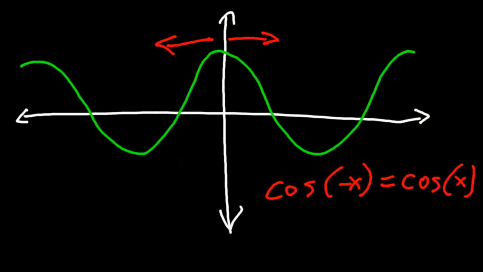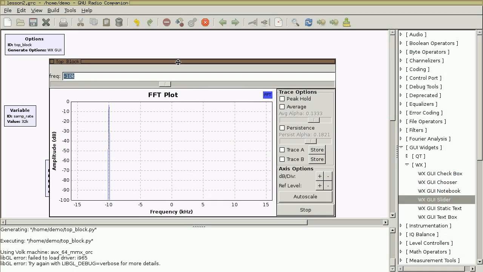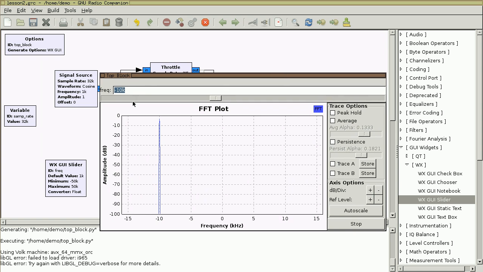Which tells me that the output of a cosine source running at 10 kilohertz should be identical to the output of a cosine source running at negative 10 kilohertz. But if we go back and look at our flow graph, you can see we have a signal source, and when we analyze it with the FFT sink, we get a difference between negative 10 kilohertz and positive 10 kilohertz.